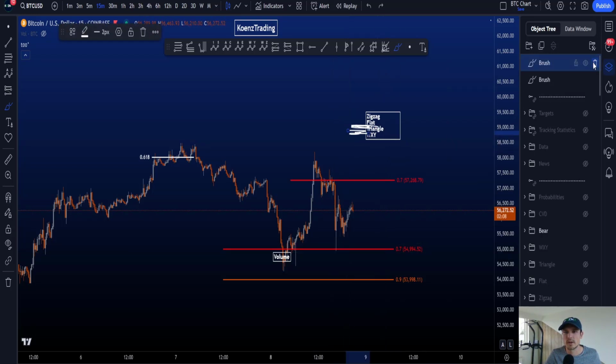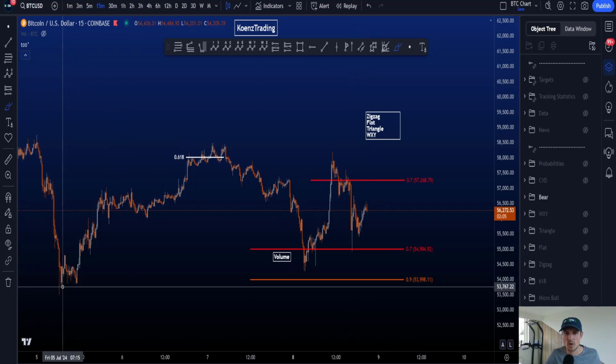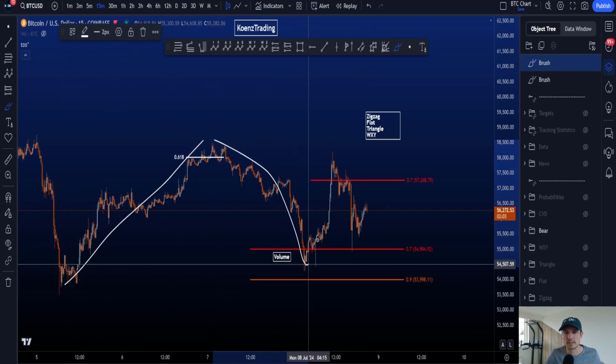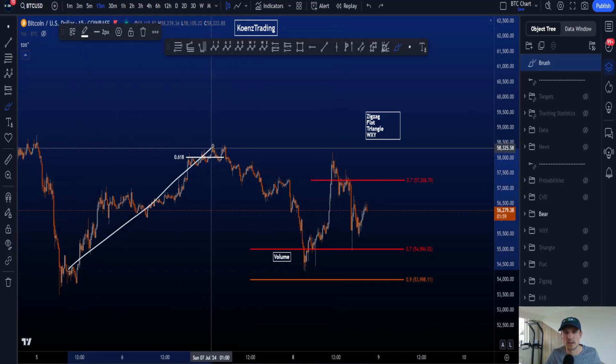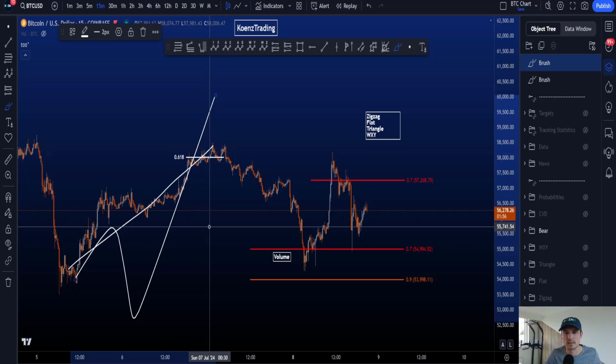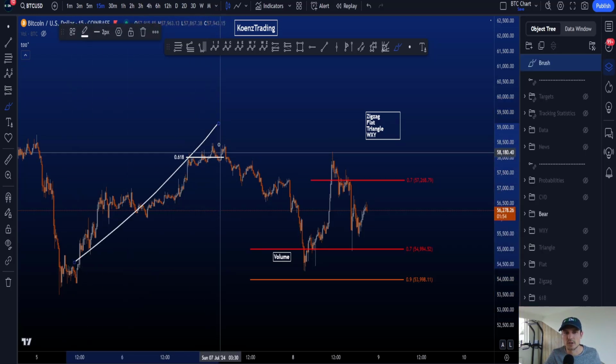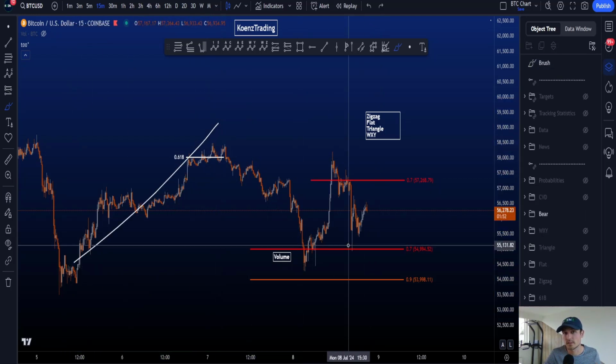And then we have finally a WXY. W, then we have X, and if we want to end a structure here, we need a WXY, where wave W is a zigzag, because clearly it's not a flat. So this is a zigzag structure. Then we have X and wave Y, because W is a zigzag.